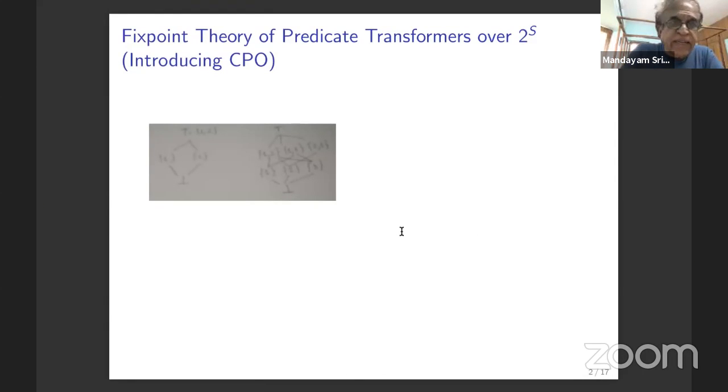Okay, so as I said, it's a fixed point theory of predicate transformers.